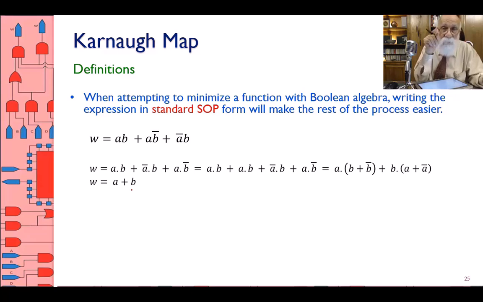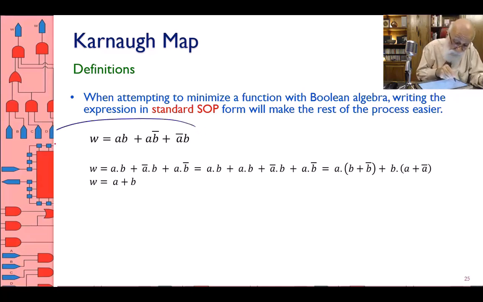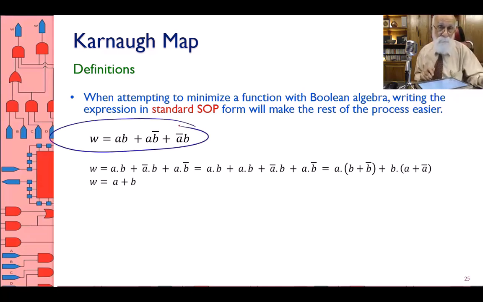Therefore, the easiest way to start your minimization is to represent the function in its standard sum of products. I don't really mean necessarily this. I also mean something like this, for example.